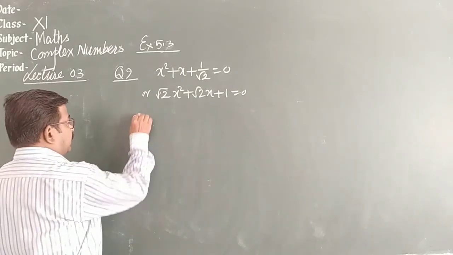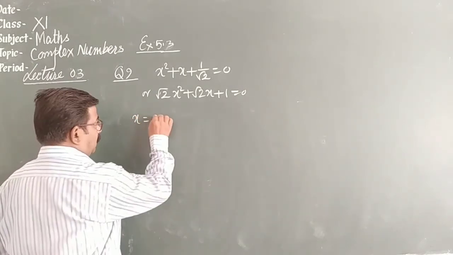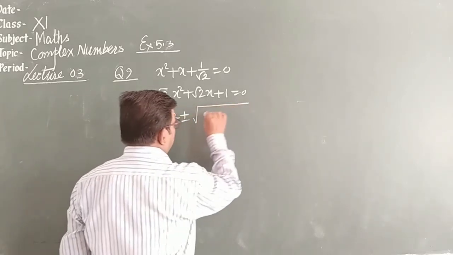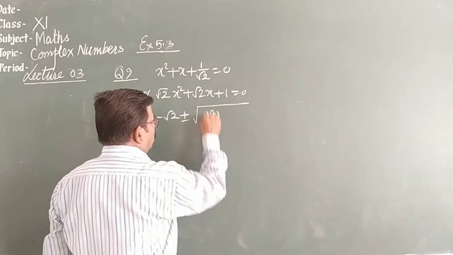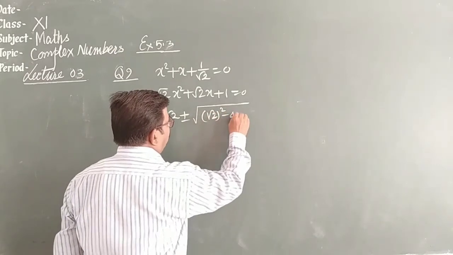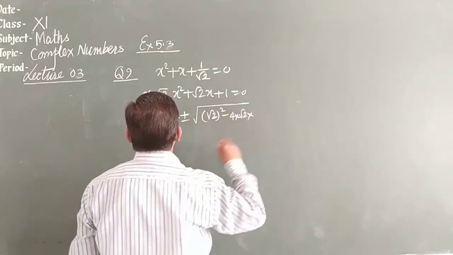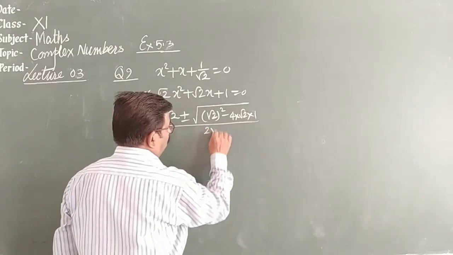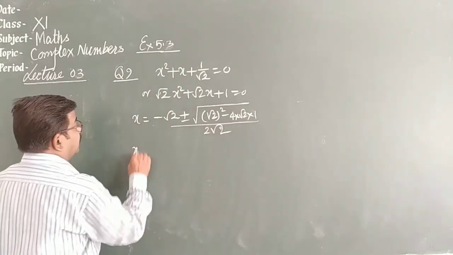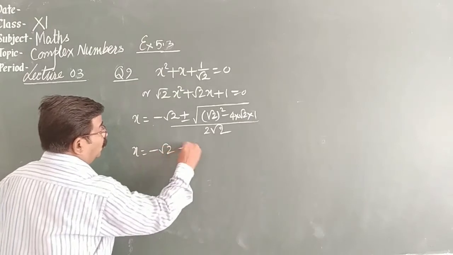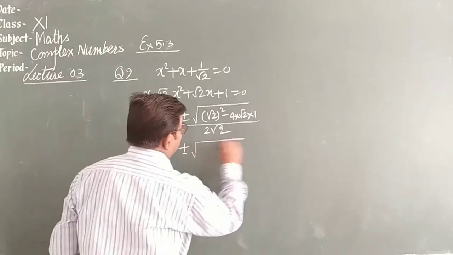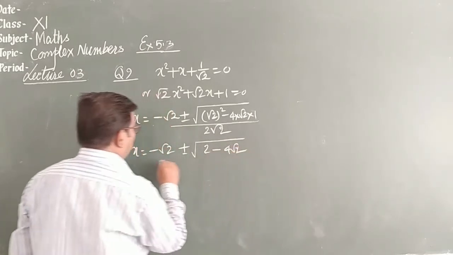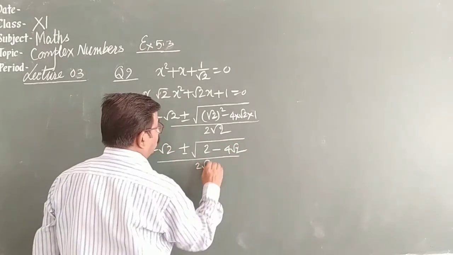Now x is equal to minus b, minus root 2, plus minus under root b square. So root 2 square minus 4 into root 2 into c is 1, upon 2 root 2. x is equal to minus root 2 plus minus, this is 2 minus 4 root 2 upon 2 root 2.